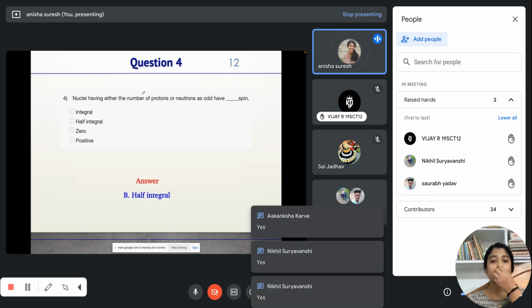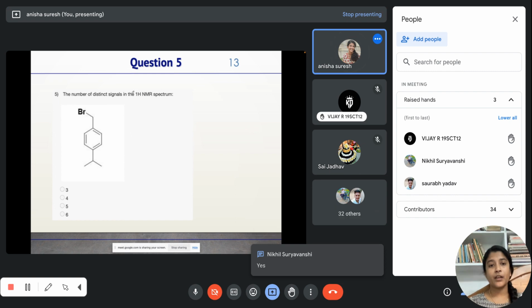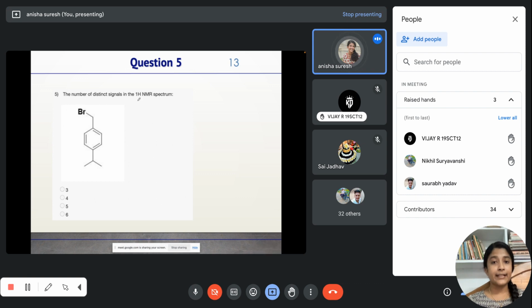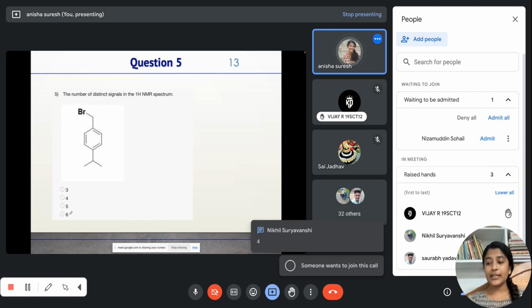Okay. Coming to question number 5, where a compound is given. So we have to find the number of distinct signals in the proton NMR spectrum. This is the compound that is given, and the options are option A 3, option B 4, option C 5, and option D 6.